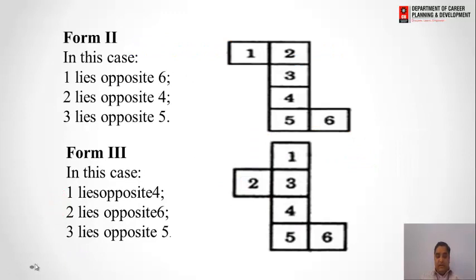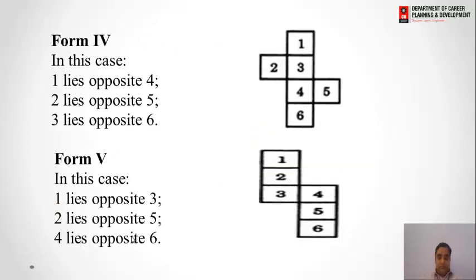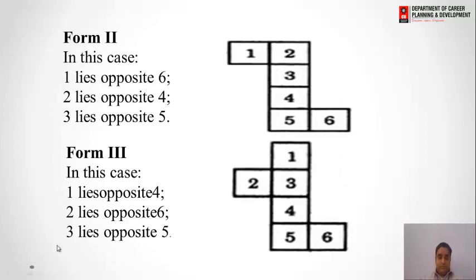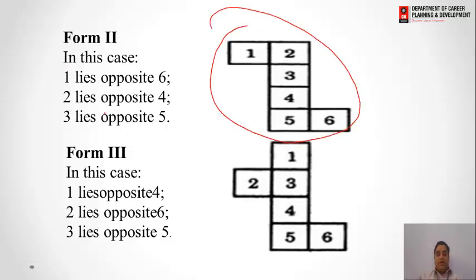Next we have the second and third forms. Like if we cut a sheet like this, we can say 1 lies opposite to 6, 2 lies opposite to 4, and 3 lies opposite to 5.